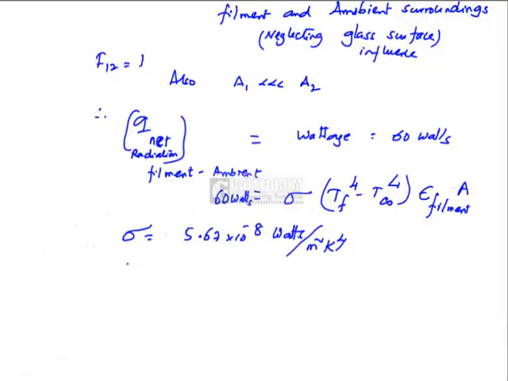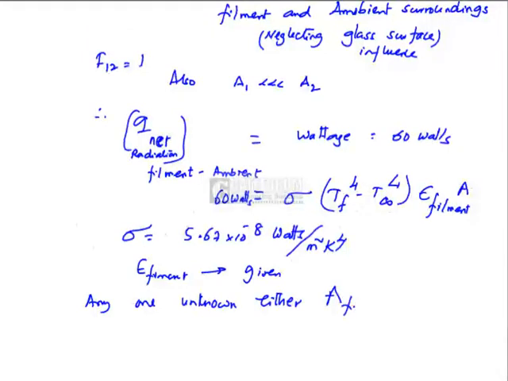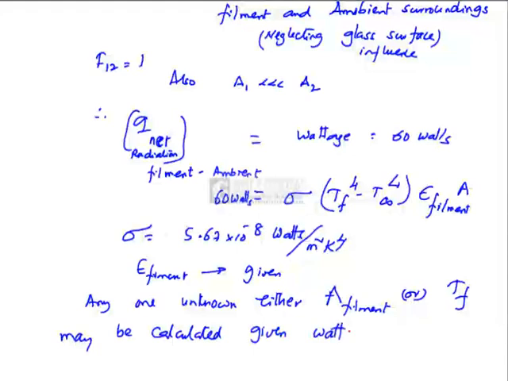If epsilon of the filament is also given, then any one unknown, either the surface area of the filament or the temperature of the filament, may be calculated given the wattage of the bulb.